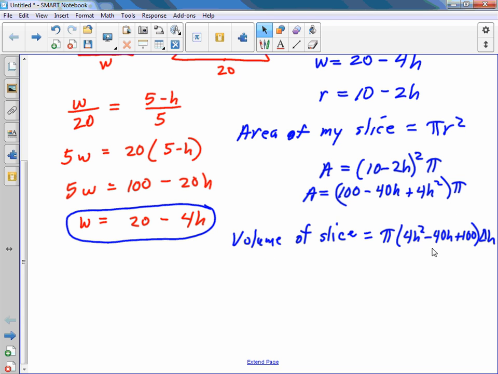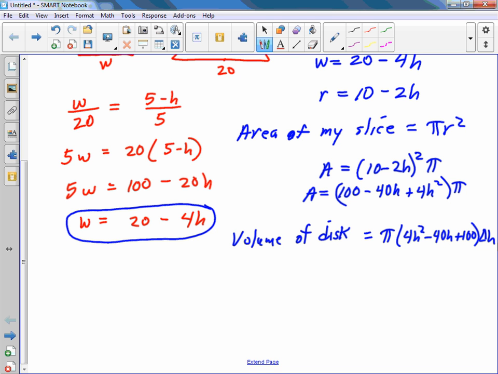Are we at a disc right now? Maybe I should even call it that, because it looks like a hockey puck, right? Or a vinyl LP or something like that, because it's pi r squared, and then delta h.